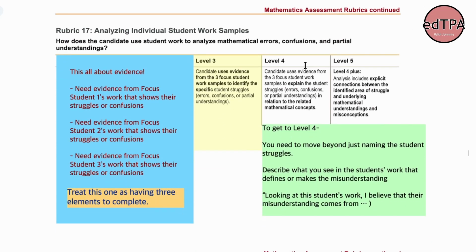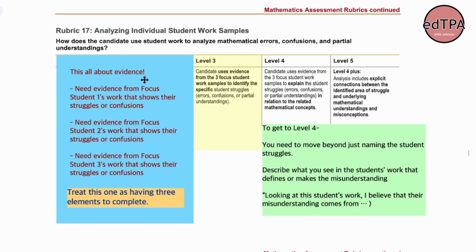So rubric 17, how does the candidate use student work to analyze mathematical errors, confusions, and partial understandings? For level 3, candidate uses evidence from the 3 focus student work samples to identify the specific student struggles, errors, confusions, or partial understandings. Okay, so this is looking at the student's work, and from that you're trying to identify the thing that they need to work on again in a re-engagement lesson.